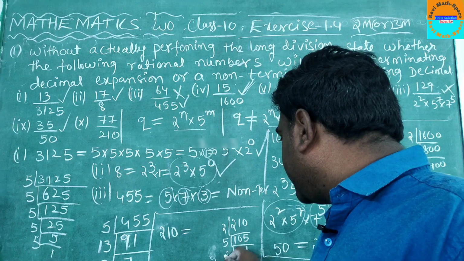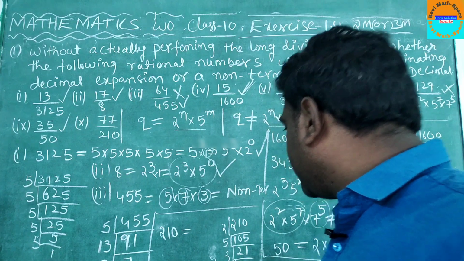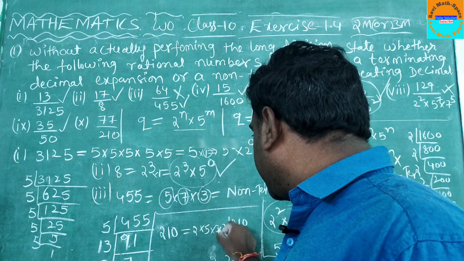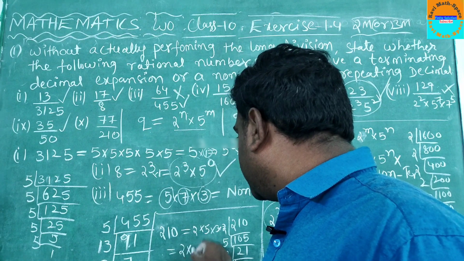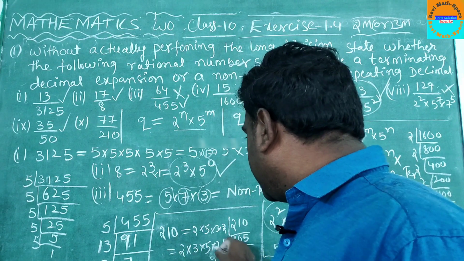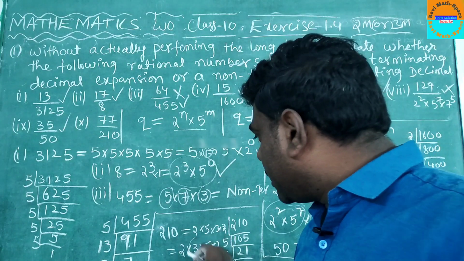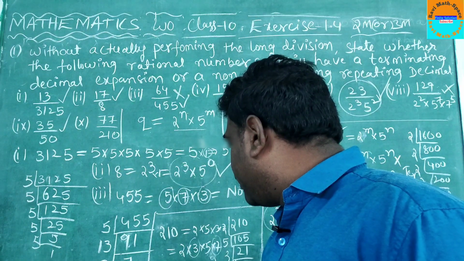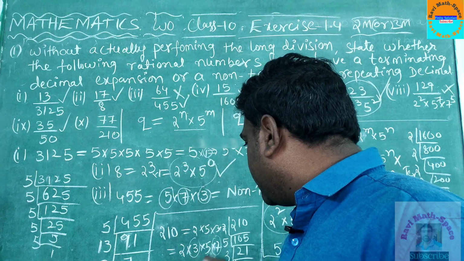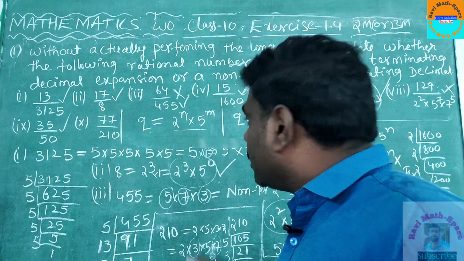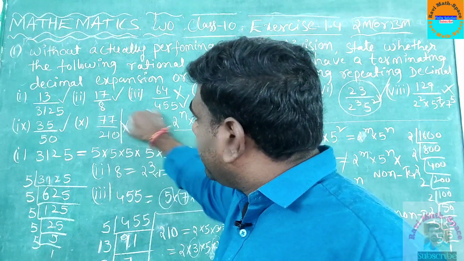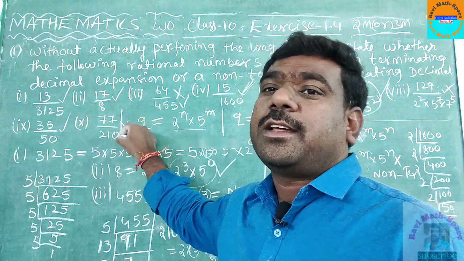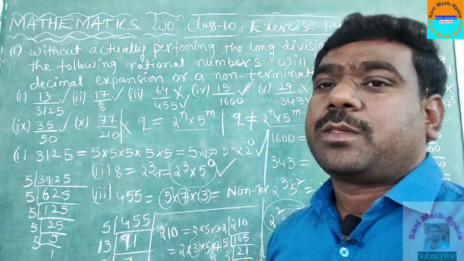Again 3 sevens are 21, again 7. So here 2, 5, 3, 7. So I can write 2, 3, 5, 7. Here 2 and 5 are there, but other factors are involved. Since other factors are also there, it is not in the form of 2 power n into 5 power m. So the 10th rational number does not consist of a terminating decimal expansion, but consists of a non-terminating repeating decimal expansion.